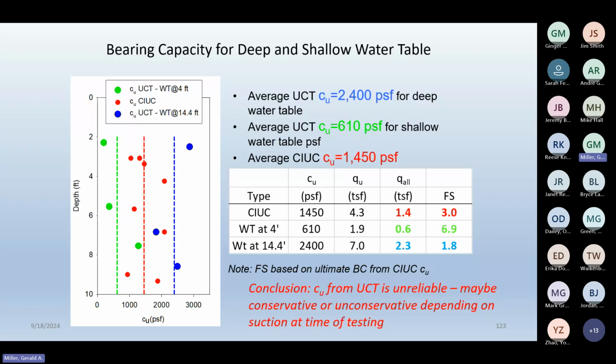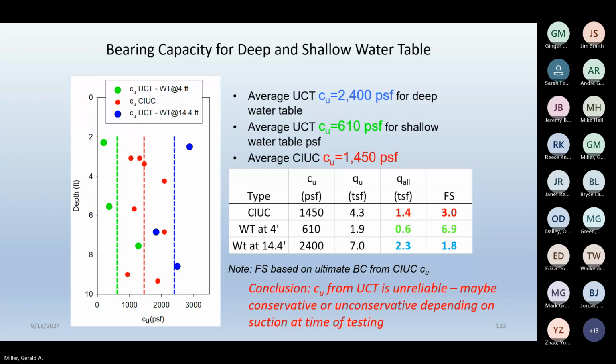So what you can see here is if you're doing unconfined tests on an unsaturated soil, first of all, you're not measuring the true saturated undrained shear strength. You're measuring a total stress strength that depends on the moisture content at the time of testing that sample, which depends on when you obtain that sample, what season, was it dry, was it wet?